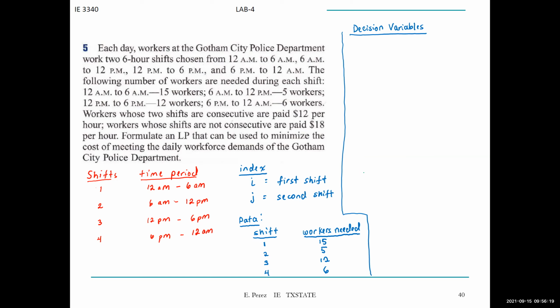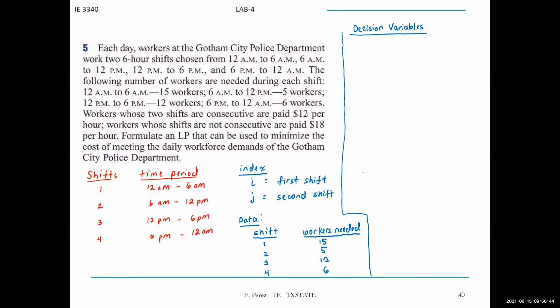So the additional constraint for this problem is that workers can work 2 shifts in a row, or consecutive shifts. When that's the case, they are paid $12 an hour.